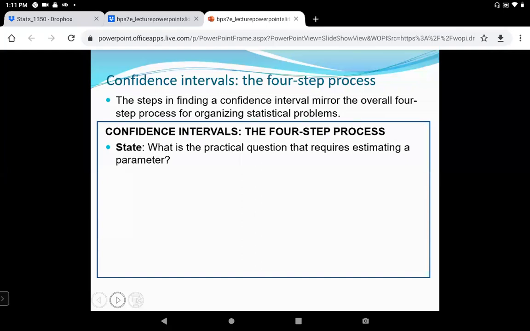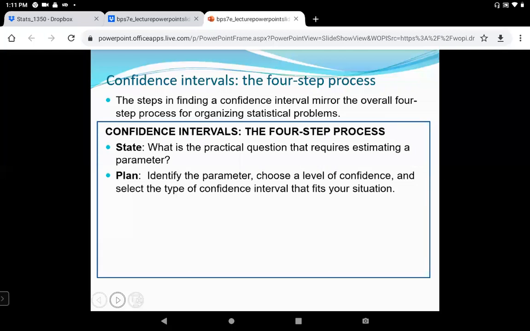Step one, state. What is the practical question that requires estimating a parameter? Step two, plan. Identify the parameter, choose a level of confidence, and select the type of confidence interval that fits your situation. Step three, solve.